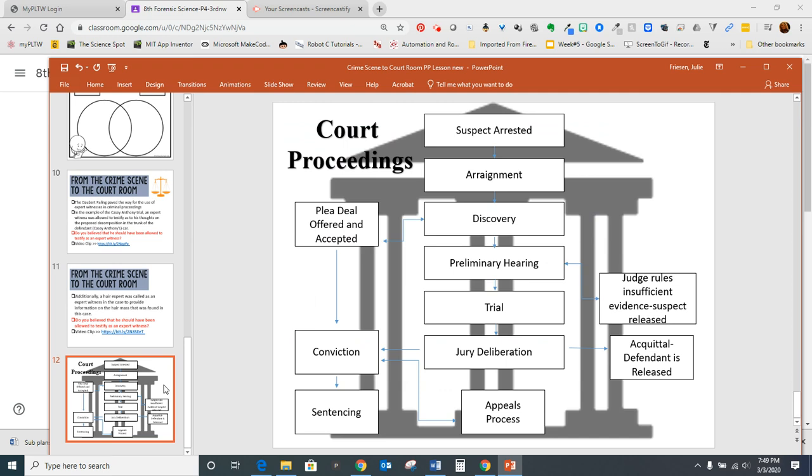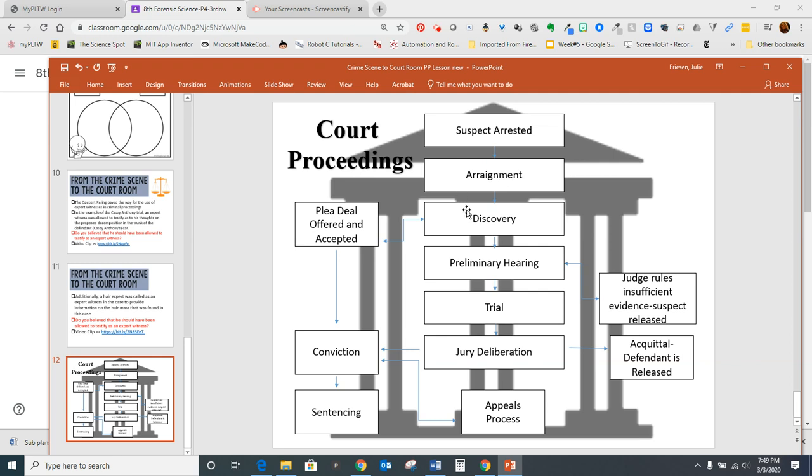So for you to have an understanding of how the court proceedings go once the suspect is arrested, there's a time where they're in an arraignment process where they're getting all the lawyers and everybody together.